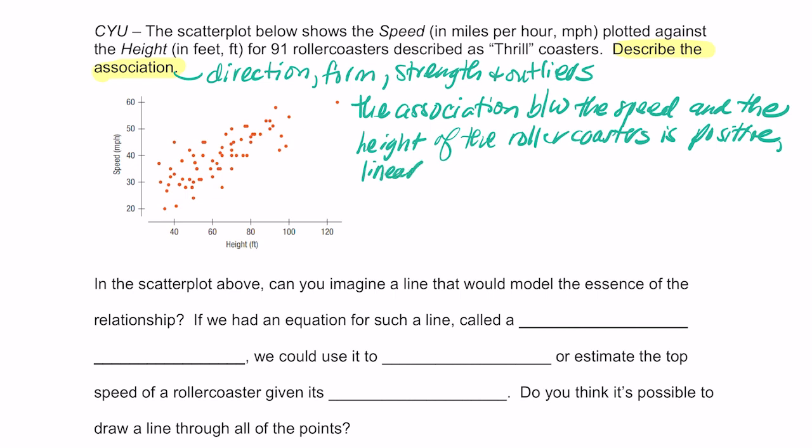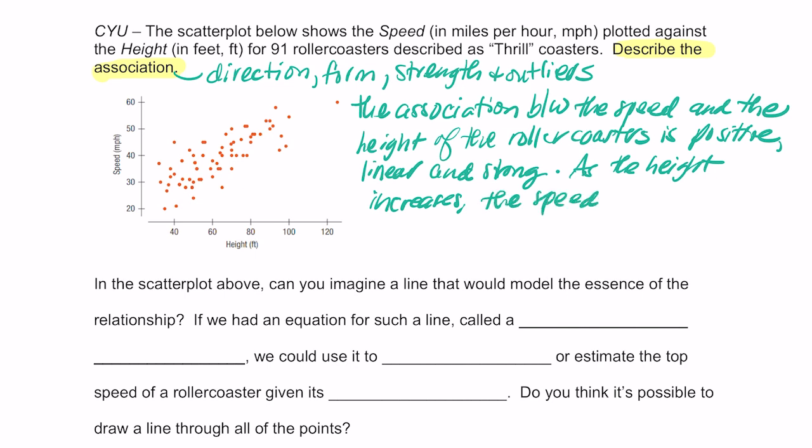And I would say it has a strong correlation. What I notice is as the height increases, the speed also increases, which tends to make sense because the higher the roller coaster track is, the faster it's going to go down that hill.